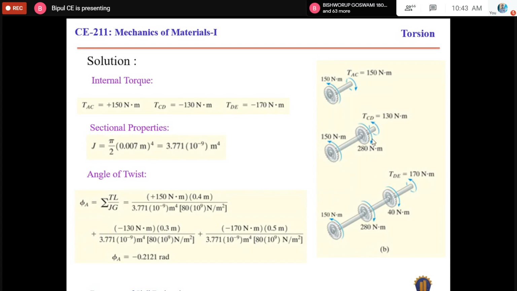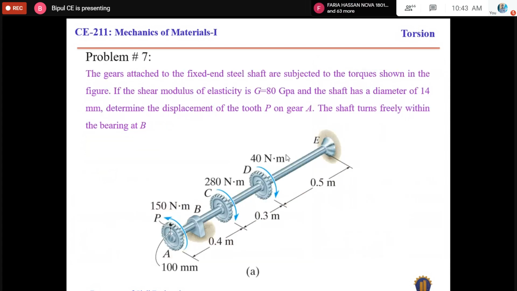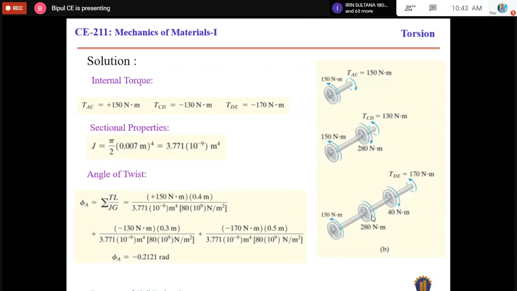So the resultant torque will be 280 minus 150, that means 130, and that will be negative. That's why it is negative 130. And again, if we want to determine the developed torsional force within this length, we have to take a section from here. That section is this one.